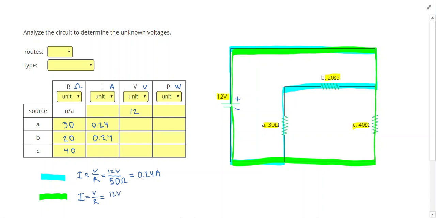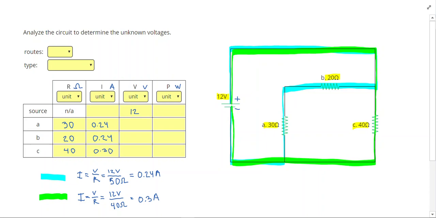But this time the 12 volts are pushing through 40 ohms of resistance, which gives me 12 divided by 40, which gives me 0.3 amps. And so that will be my current for C.